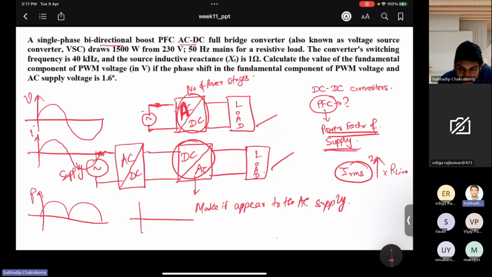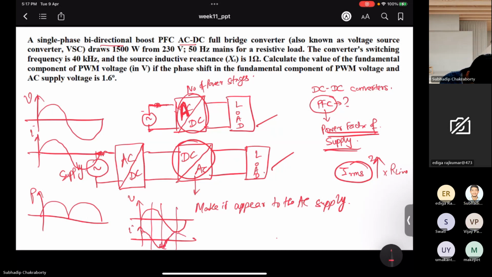See, for example, instantaneous, I am telling. If you have voltage like this and current like this, for example 90-degree shifted, and you multiply, you will find it is a sinusoidal waveform. Agreed or not?